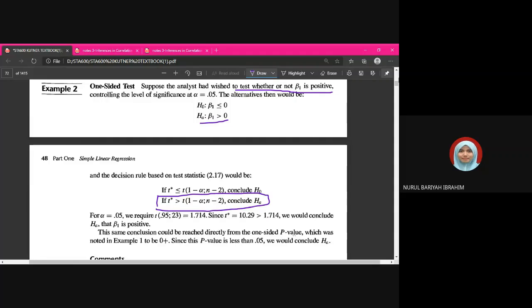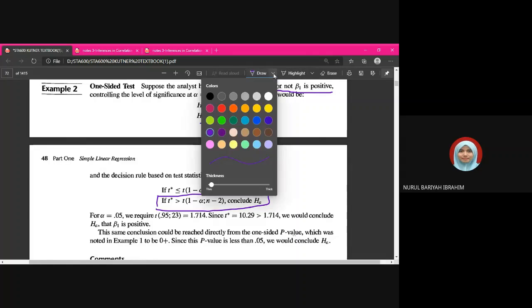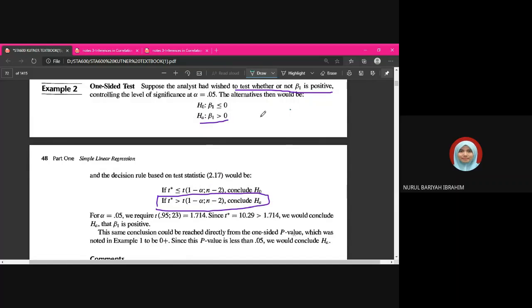Okay, boleh juga macam mana kalau you nak test whether the beta 1 is negative. So kalau we want to test whether the beta 1 is negative, dia punya H1 will be beta 1 less than 0.